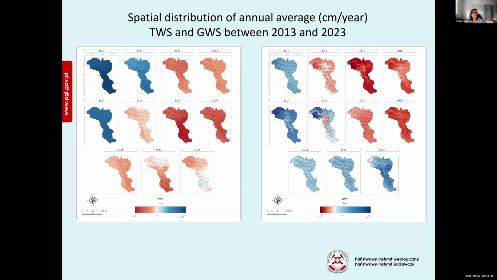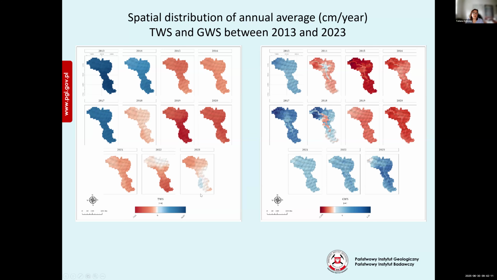The observed spatial differences emphasize that total water storage is controlled by the precipitation-evapotranspiration balance, which exhibits a zonal pattern.